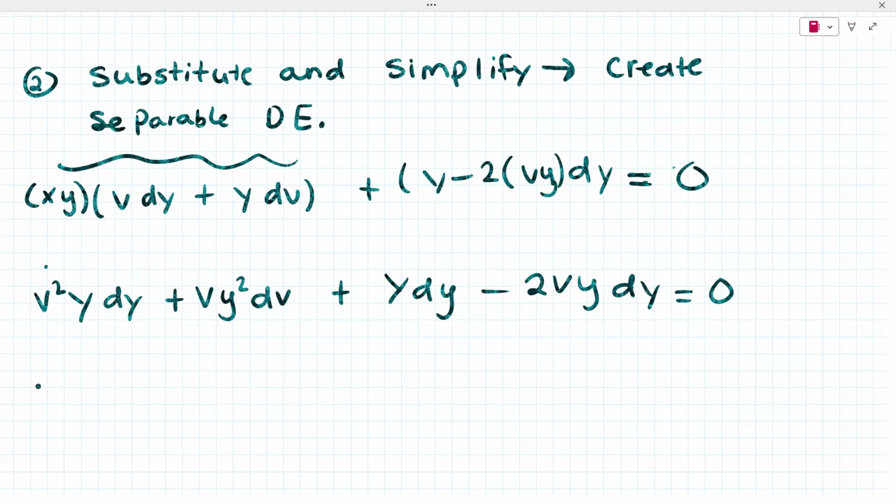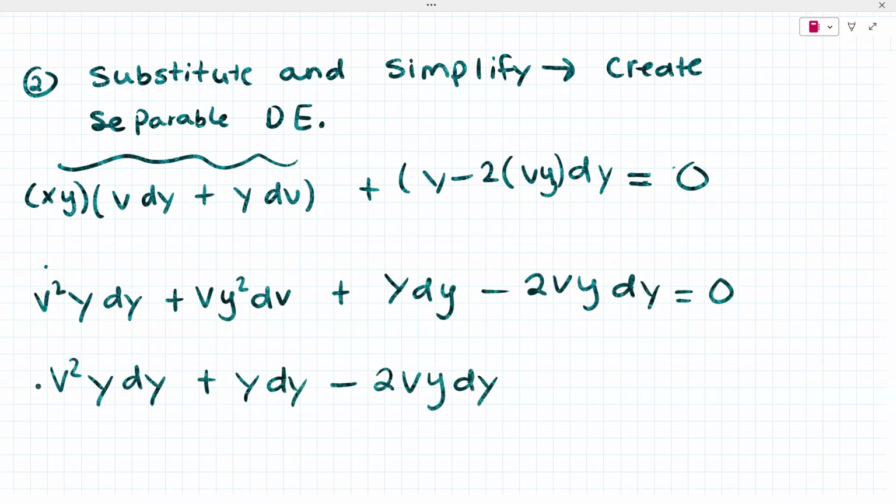And then if you rearrange it, you're going to get v squared y dy plus y dy minus 2vy dy plus vy squared dv equals 0.